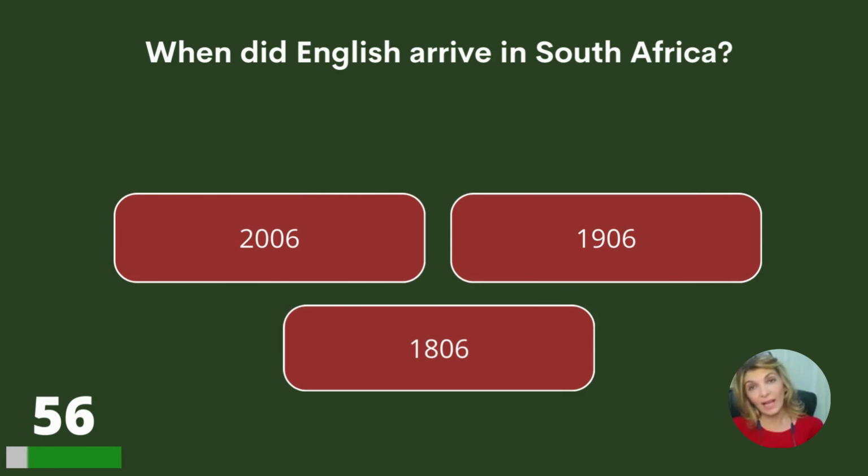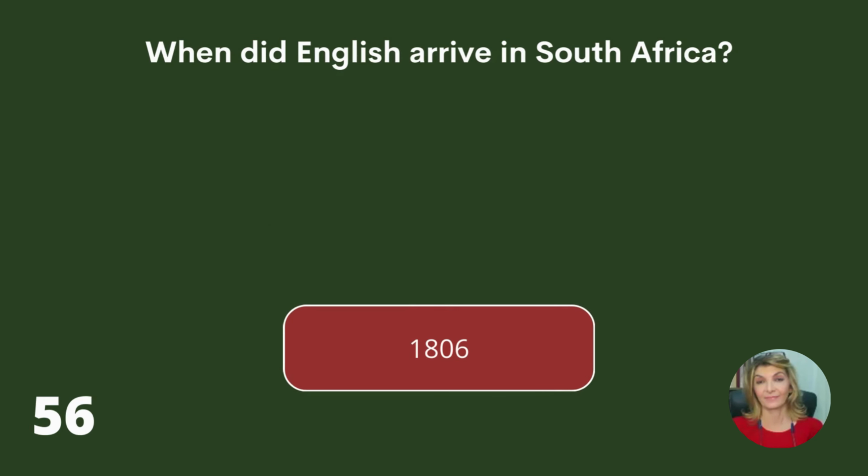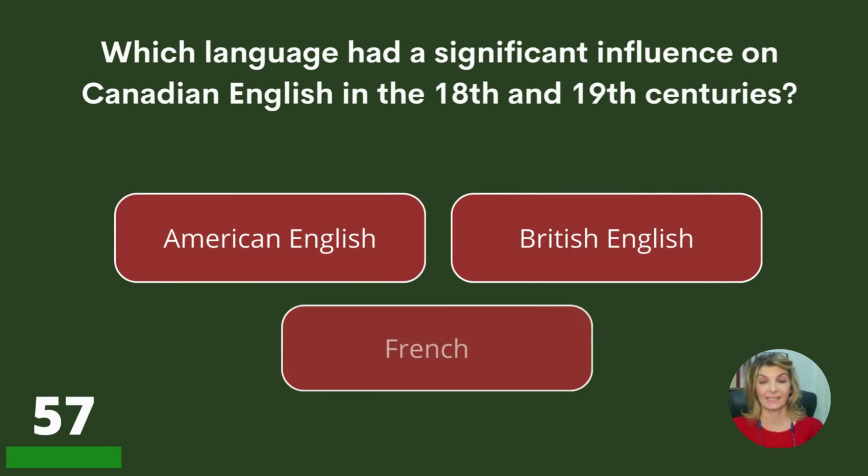When did English arrive in South Africa? 2006, 1906, or 1806? 1806. Which language had a significant influence on Canadian English in the 18th and 19th centuries?